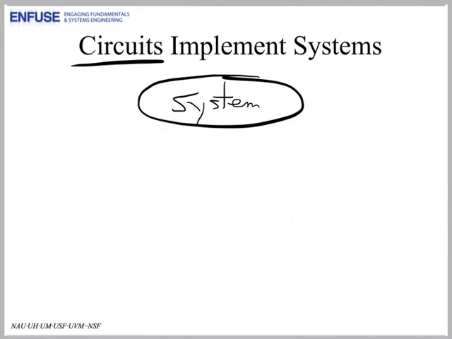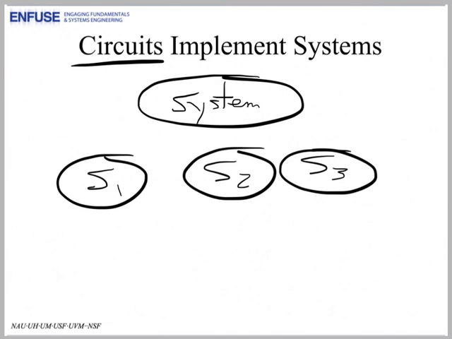Well, one of the things we might do is break that system down into subsystems. Here we'll call them S1, S2, and S3. And we'll break the system down into subsystems based on functionality that must be accomplished by the system. So we'll take the overall system function, in other words, what this system must accomplish, and break it into subsystems that can do subfunctions.